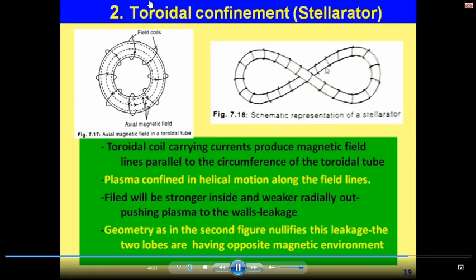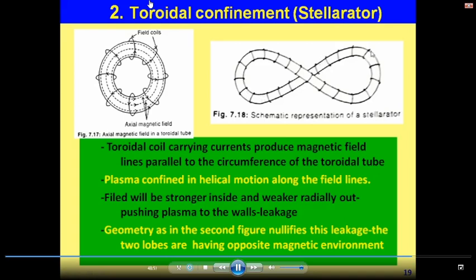I will just tell once again. If a particle is experiencing an outward drift, it is just going to leak from this side. A particle is experiencing an outward drift in this particular lobe. Opposite things will happen in the left lobe. That particle will have an inward push, not an outward drift, in the left lobe.